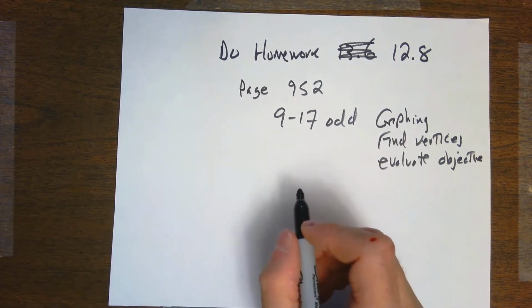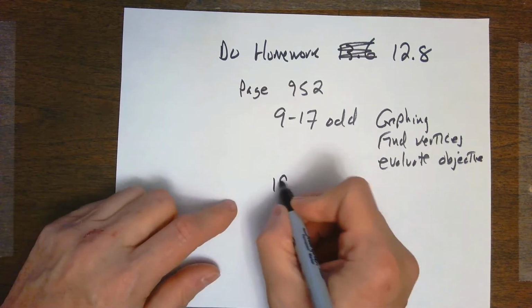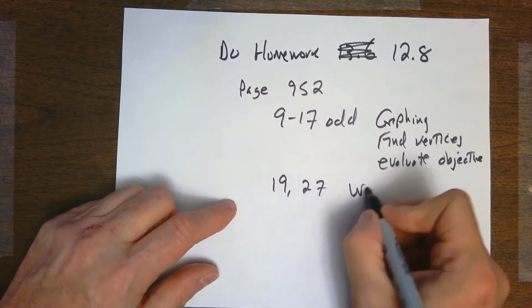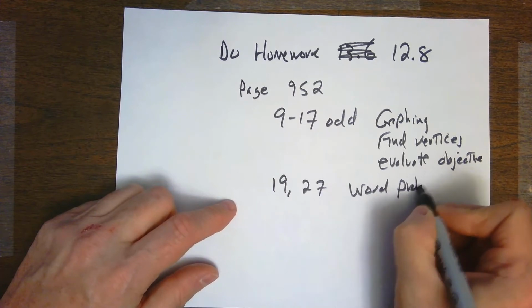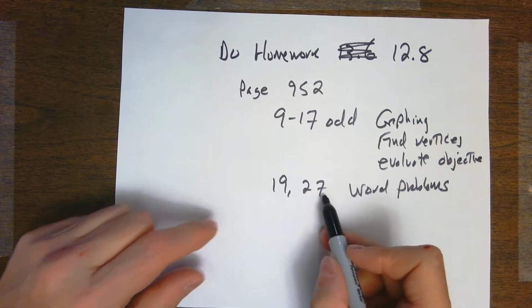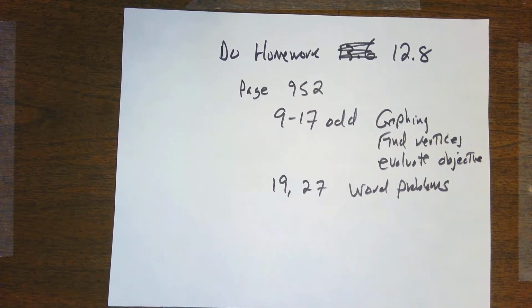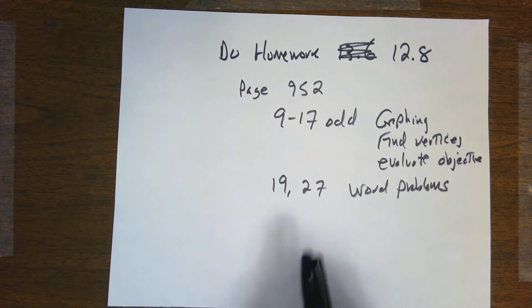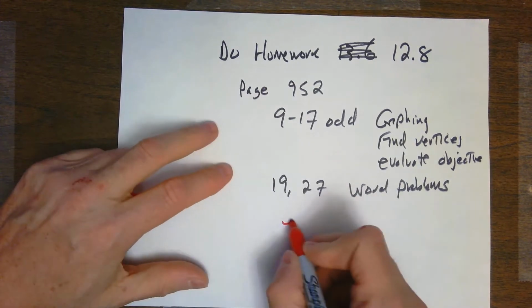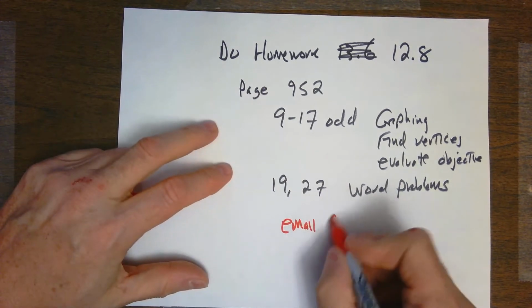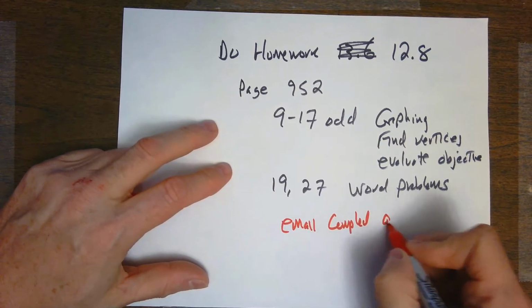And then I want you to do the 2 word problems, numbers 19 and 27, word problems. So the big difference with these is you have to come up with a system. Actually, pause the video, rewind. I've already given you the system, so you should be able to do them. And I want you to email the completed assignment to me.